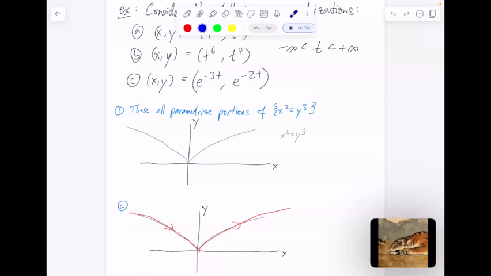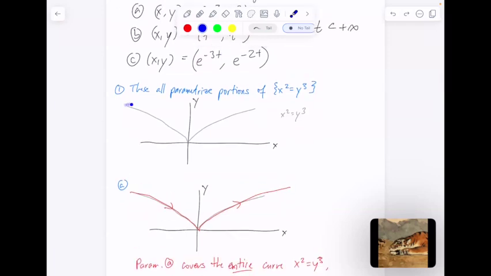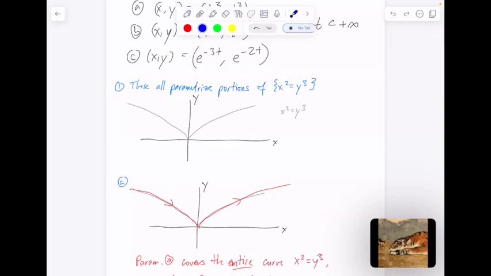It's just something very small. So both x and y here are positive. Because we know the graph looks like this, we only need to care about what x looks like, but x is always positive. e to the minus 3t, doesn't matter if t is negative or positive, x is going to be positive. So once again, only the right half, strictly positive.